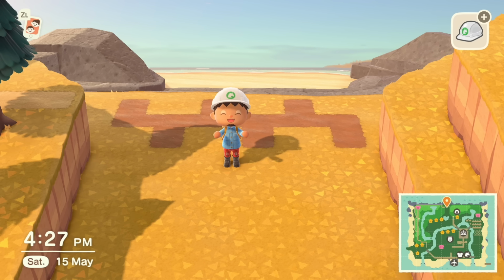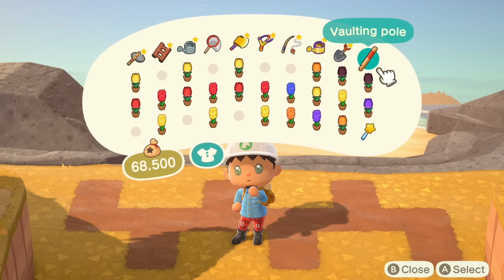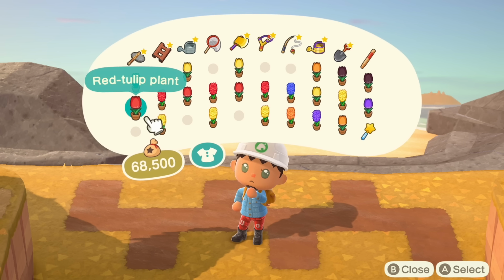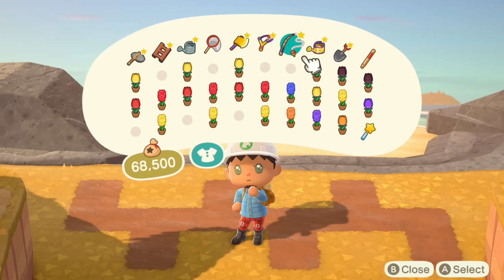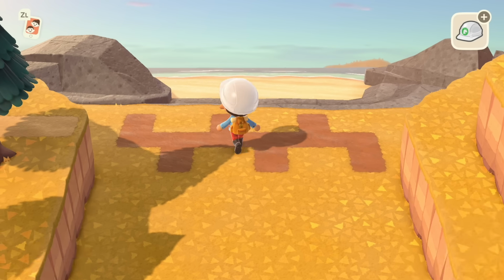So what I've done here is I've just laid out a formation to help me keep in order, and it's a good way to put your flowers in this particular formation. I find it easy to water them rather easily, so you can water 6 flowers at one time. You can see on screen here, this is what we're looking to plant them in, this particular formation.